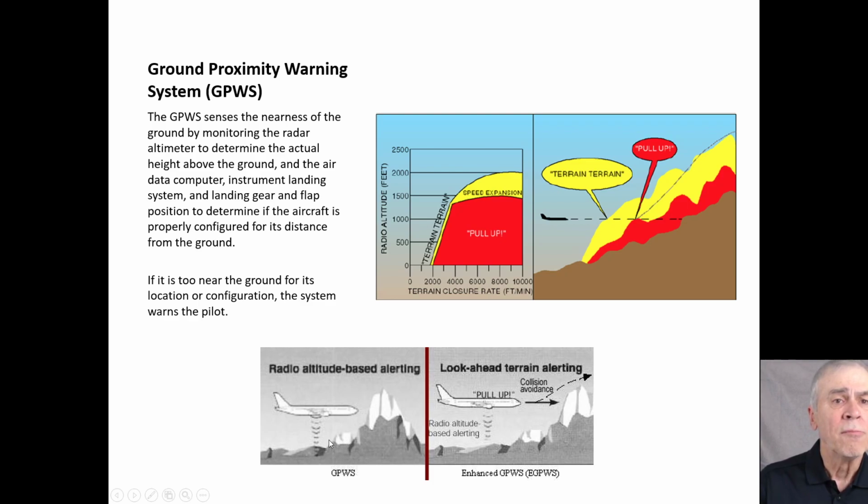Basically, there's signals being sent from the aircraft to the ground, and not really showing a radio signal going forward, but that's in effect what enhanced does. It not only looks below, but it looks ahead. Looks ahead, that's what they even call it. Look ahead terrain alerting.